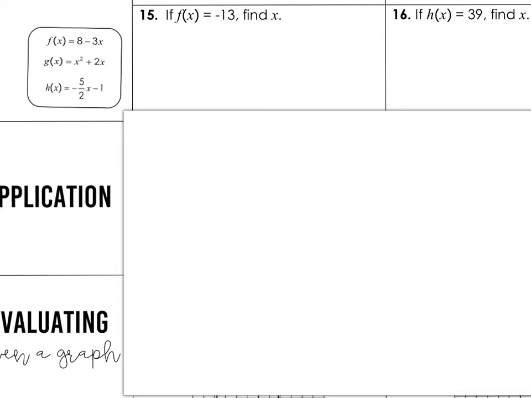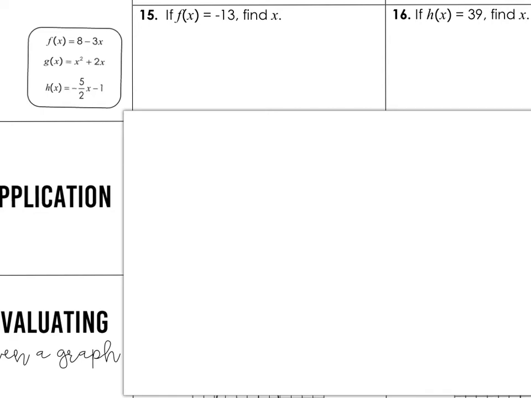It says, if f of x equals -13. This is different. This does not say f of -13, right? We're not going to plug in the -13 like we've been doing. What it's saying is the entire equation f of x is equal to -13.